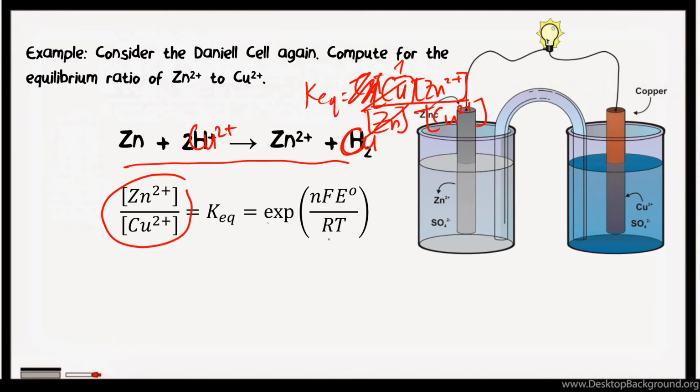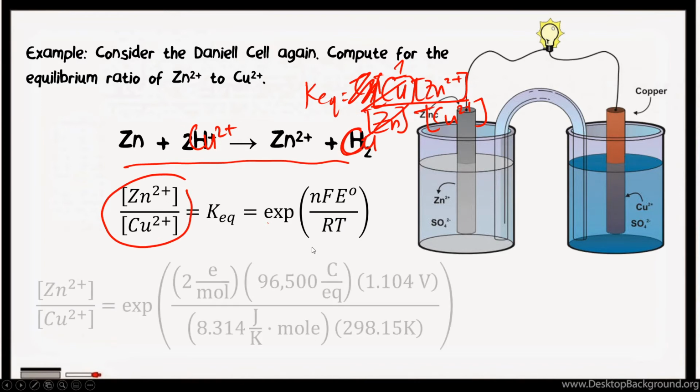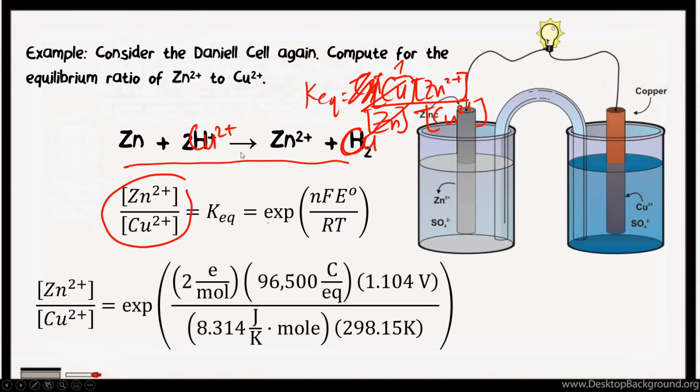nFE over RT. We already have a value of E naught kanina. So putting all of the required in the equation, there are 2 electrons involved in our redox reaction. Faraday's constant is 96485. E naught is 1.104 volts. You have R, which is the Boltzmann constant or the gas constant, 8.314 joules per mole Kelvin.